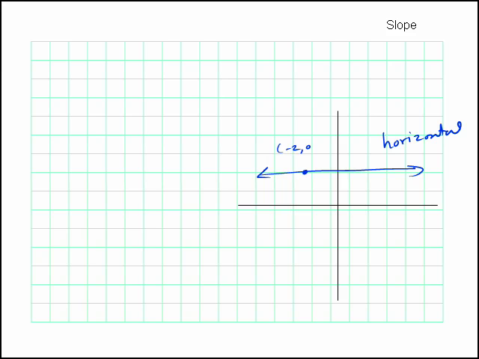I'm sorry, -2 comma, we'll make that a 3. -2 comma 3, and over here it goes through the point 1 comma 3. Let's use the slope formula and find the slope. I'll make this my x1, I'll make this my y1. This will be my x2 and that'll be my y2.